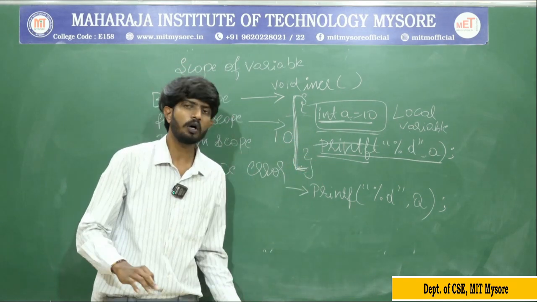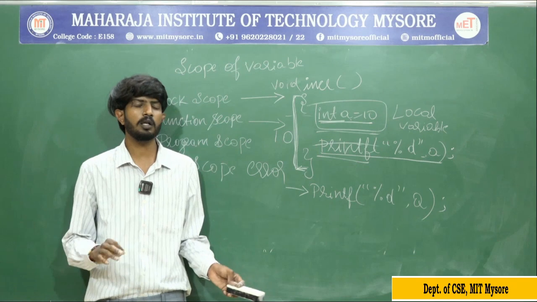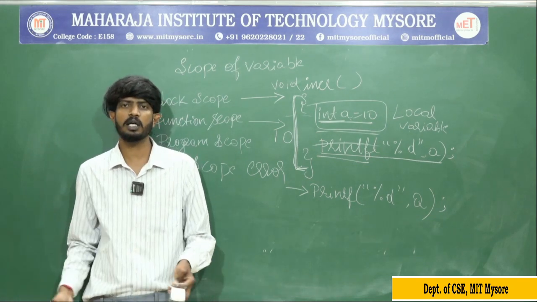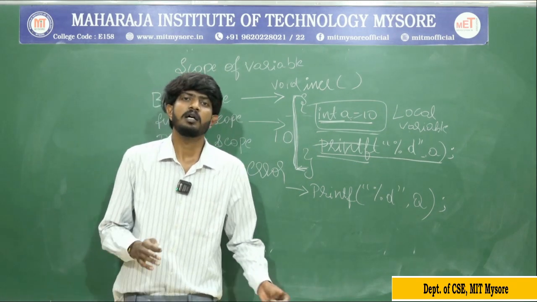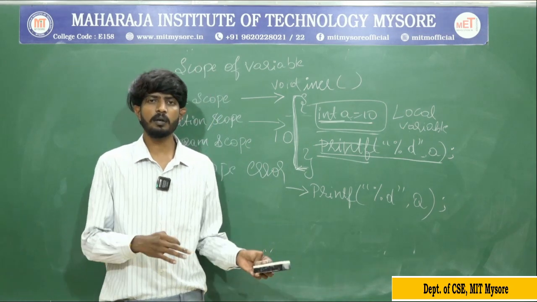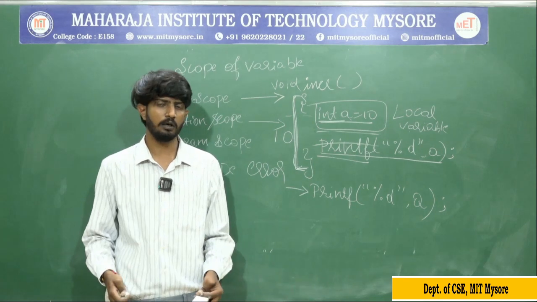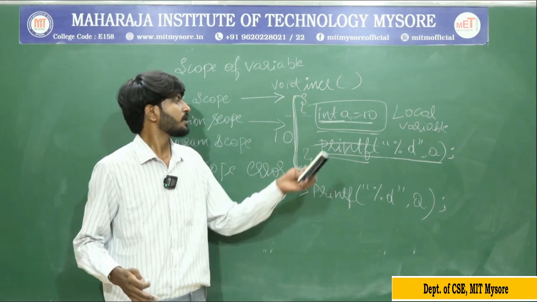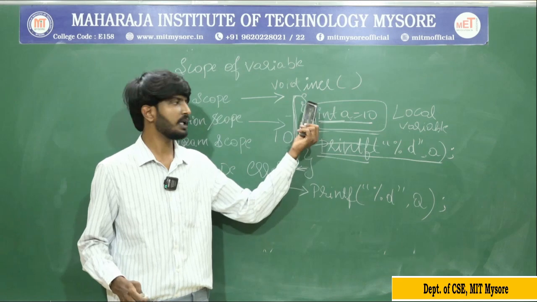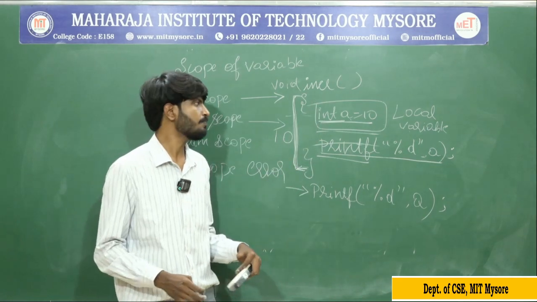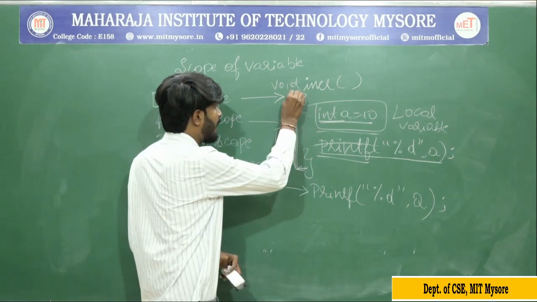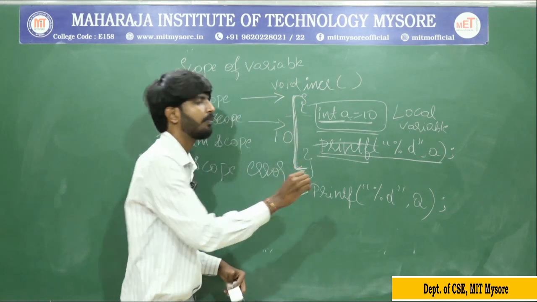Like I am only local to Ramakrishna Nagar. If I go to some other area, people will not recognize me, but if I go to Ramakrishna Nagar, people will recognize me because I am local to that area. It works the same way in C. The local variable has scope inside the block only.